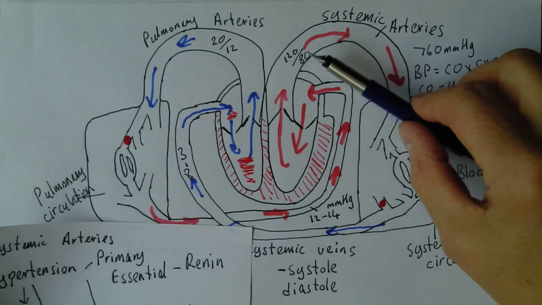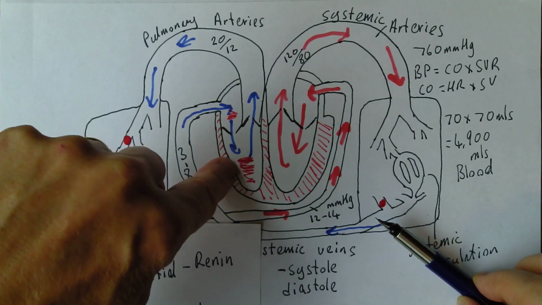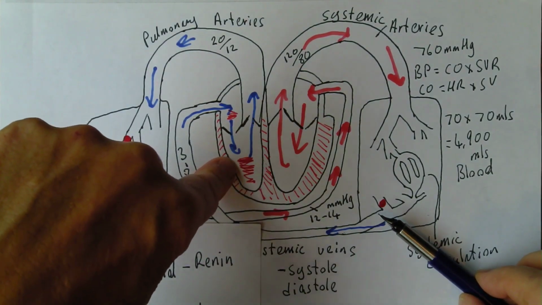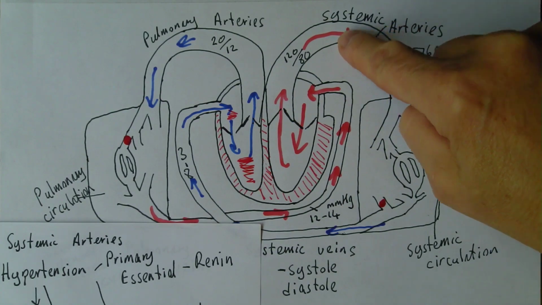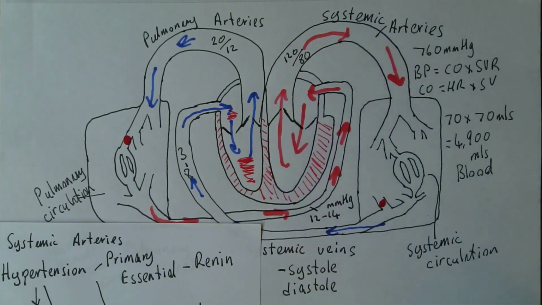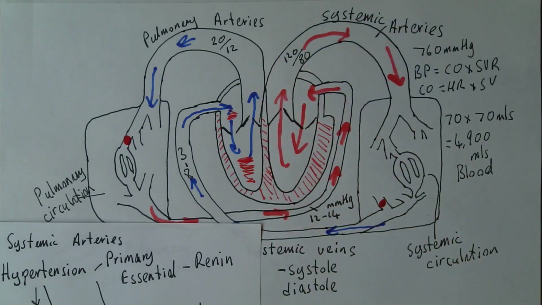It was the same with the pulmonary arteries. When there was pulmonary arterial hypertension, that increased right ventricular workload. When there's systemic arterial hypertension, the left ventricle has to pump harder to pump the blood into the systemic arteries. Now, for a while it can do that.